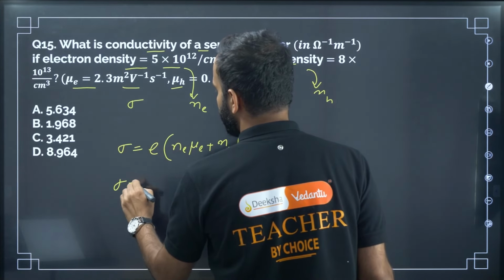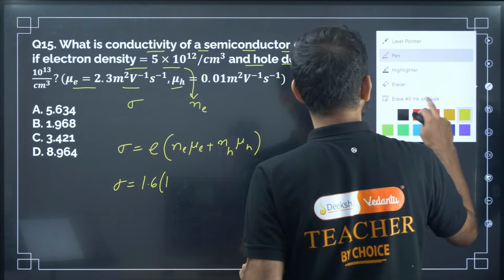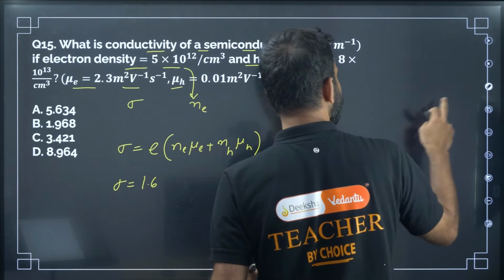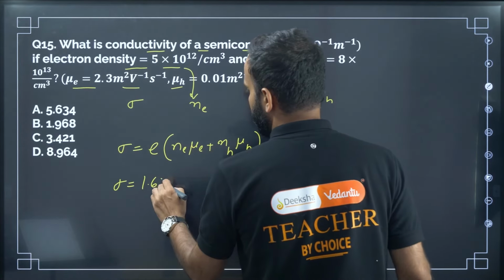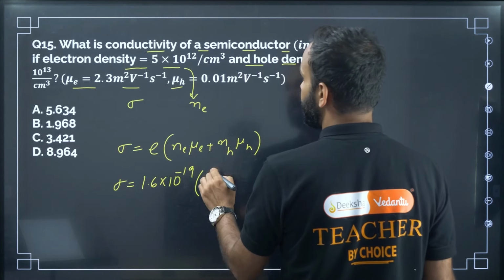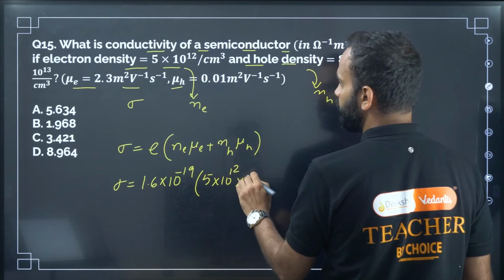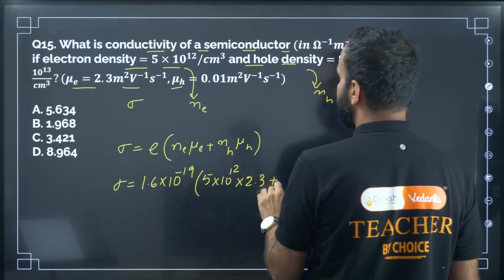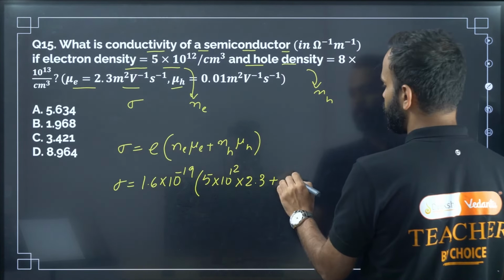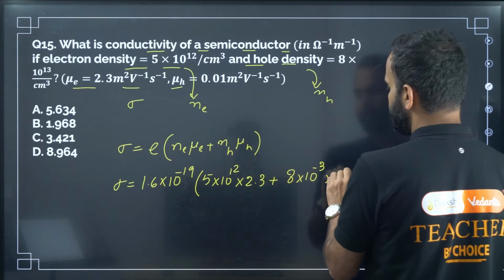So sigma equals 1.6 into 10 to the power minus 19 into Ne, where Ne is 5 into 10 to the power 12, into mu E is 2.3, plus NH is 8 into 10 to the power 13, into 0.01.